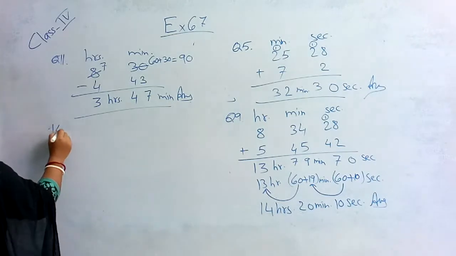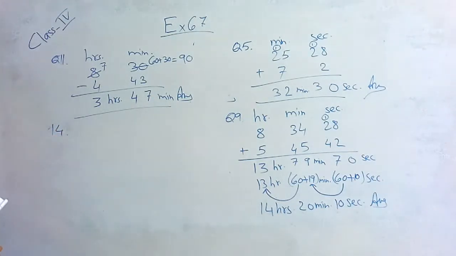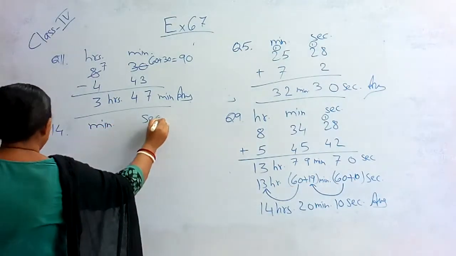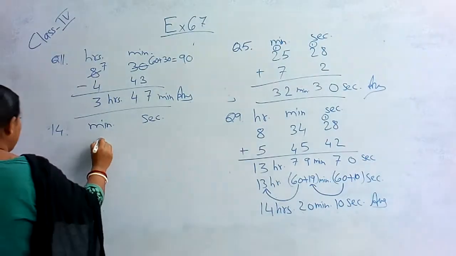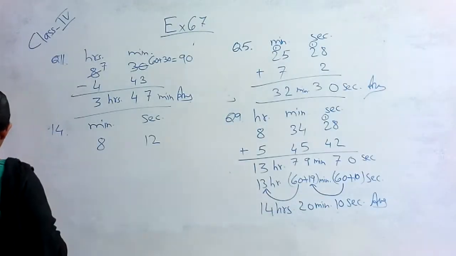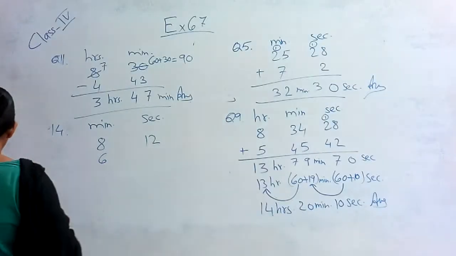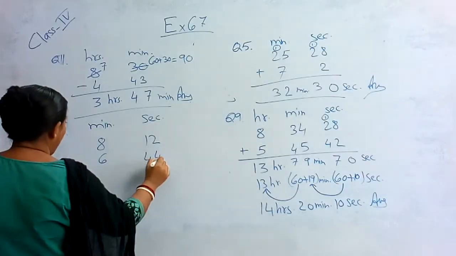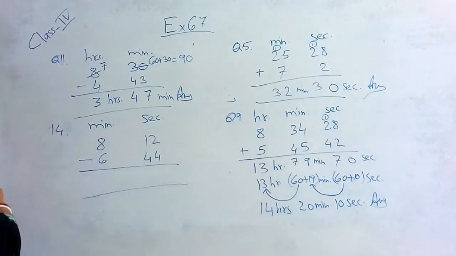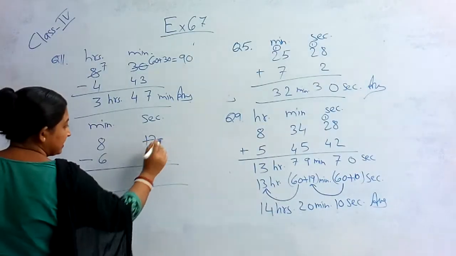14. See, in 14 it is given minutes and seconds. So 8 minutes and 12 seconds. You have to subtract 6 minutes and 44 seconds. The same way you have to do. You will carry from minutes, since 12 is less than 44.